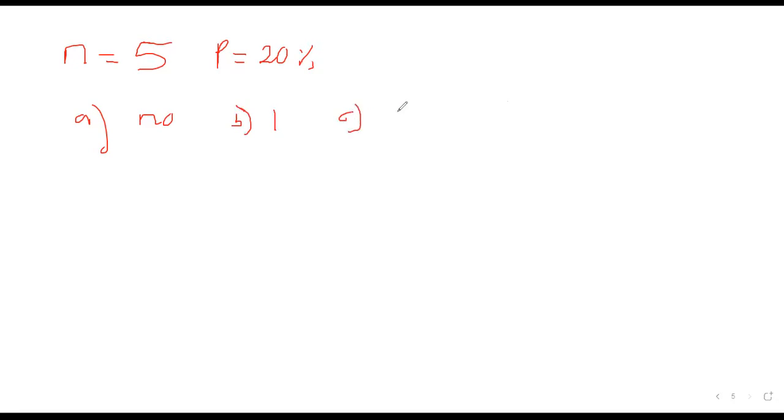C, find the chance that 2 students will pass. D, find the chance that 3 will pass. And E, find at most 2 will pass. Then F, at least 2.